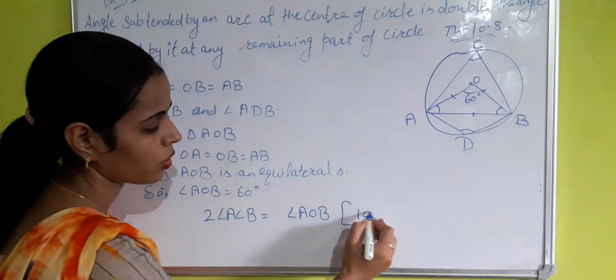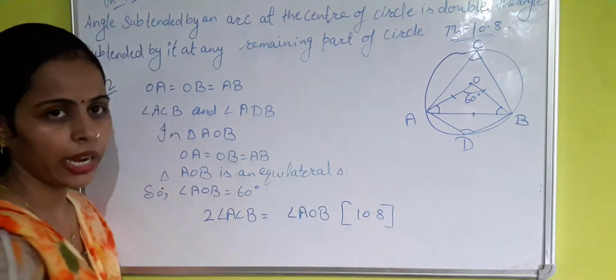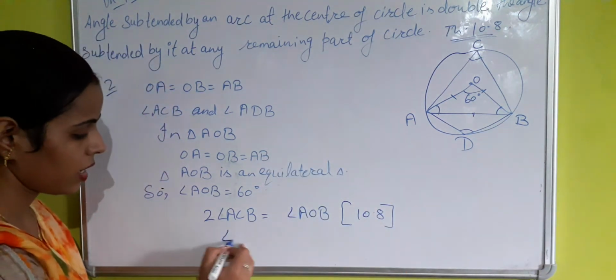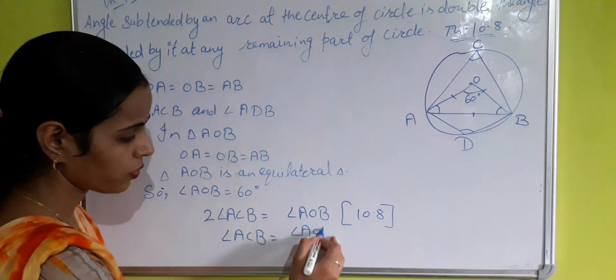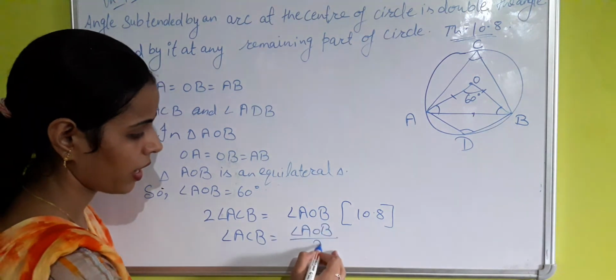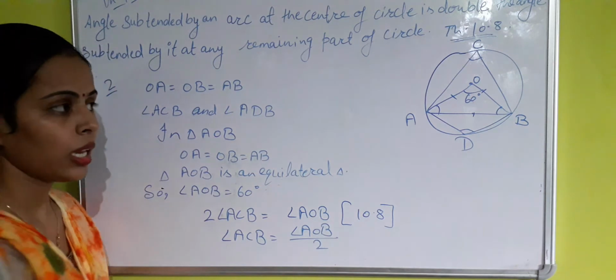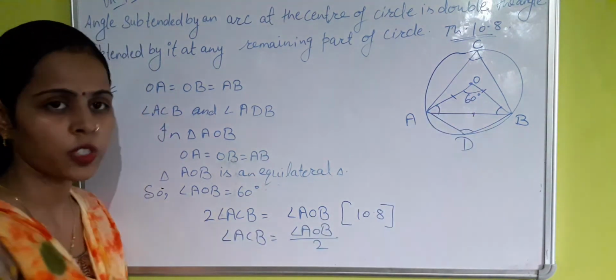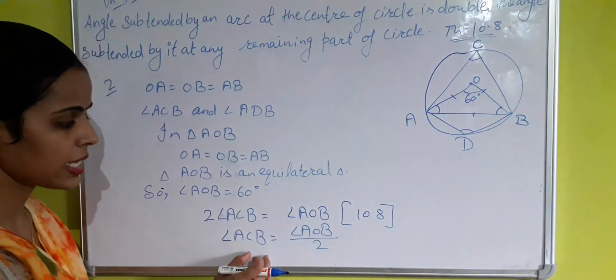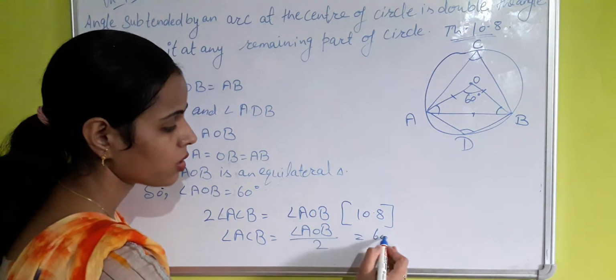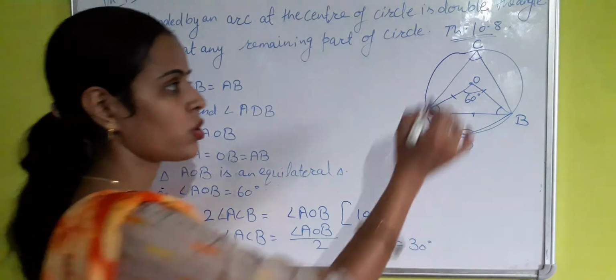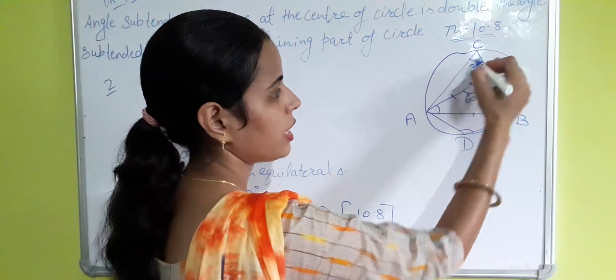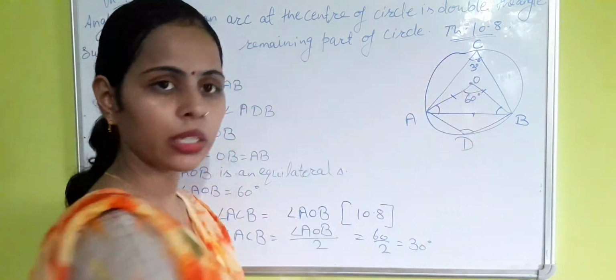By using theorem 10.8, angle ACB equals half of angle AOB. If angle AOB is 60 degrees, then angle ACB equals 60 upon 2, which is 30 degrees.